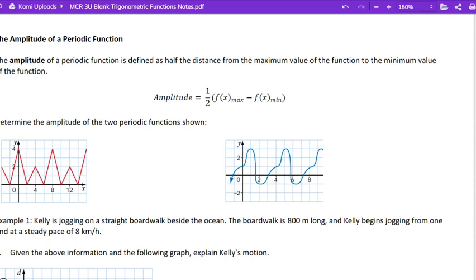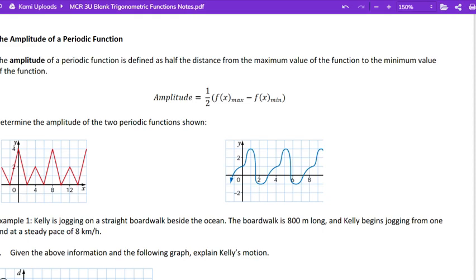So when the rope is resting, it is here. Now as I create a wave, we can see how high it goes, and the amplitude is from this rope to about here. Agreed? The amplitude is not from the bottom of the wave to the top of the wave.